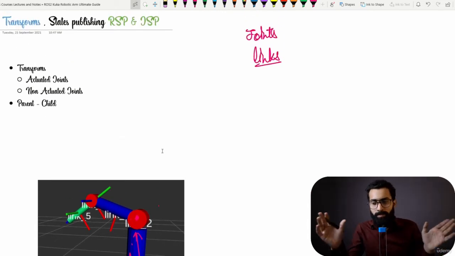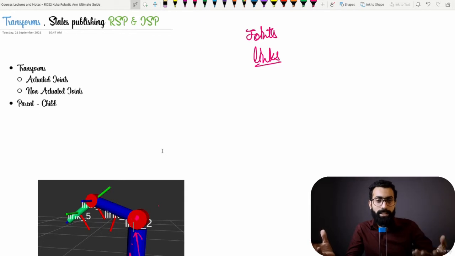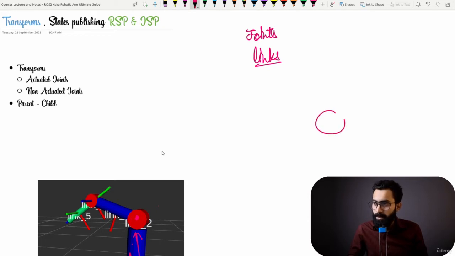Now we have the question remaining unsolved: what makes the simulation understand the structure of the robot, right? The transform is the concept which is utilized. For example, in our case, we have this circular base on which we have this bar.